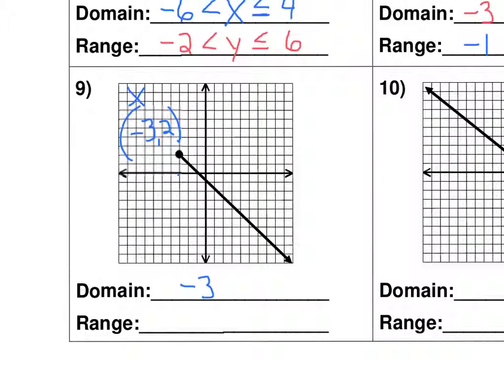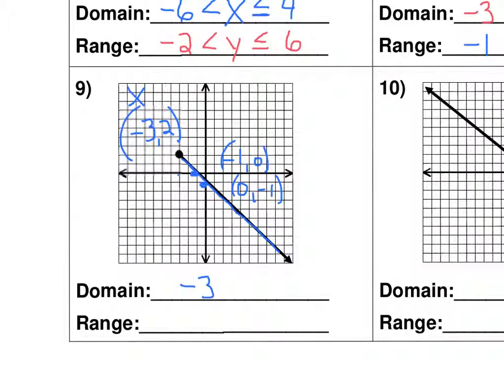Now, you're looking at points that are on this particular line. So if I look at a point that's on this line, here's a point, and that point is (-1, 0). And then I look at another point, let's say this, and this would be (0, -1).